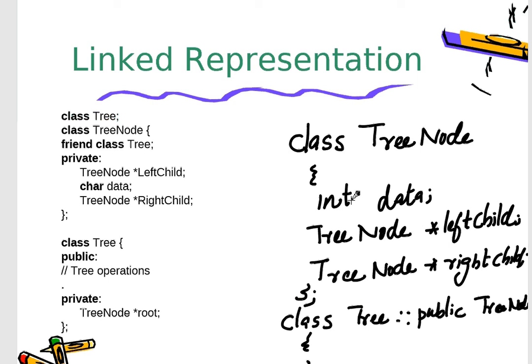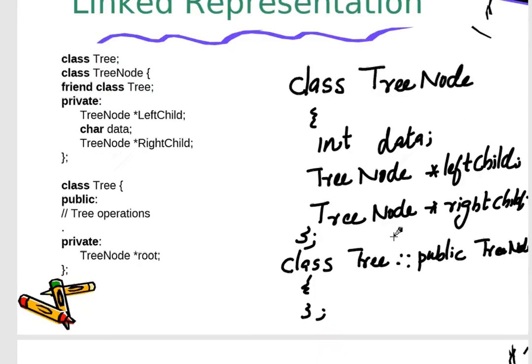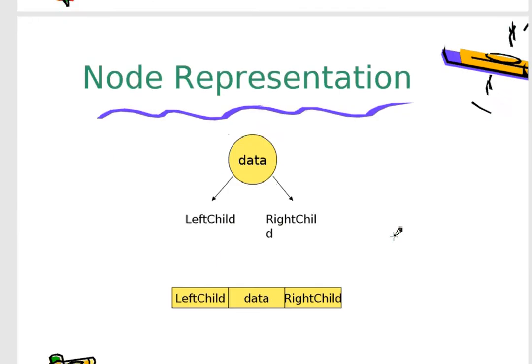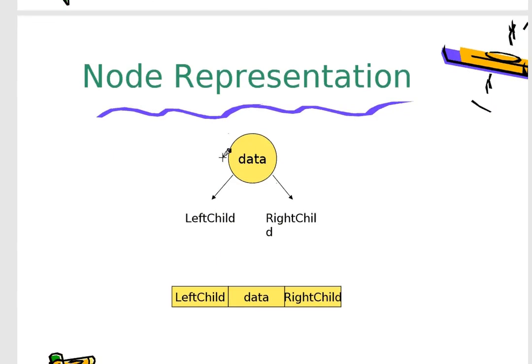Here I have used integer for the data, and the left child will be of type TreeNode, because in a binary tree each node will be represented as a data field, a left child field and a right child field. So this is the node representation.